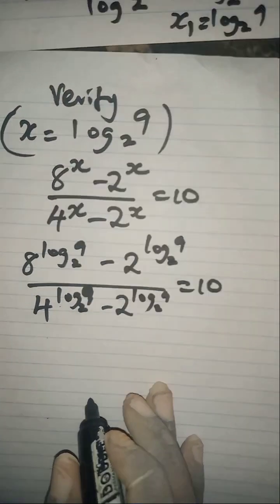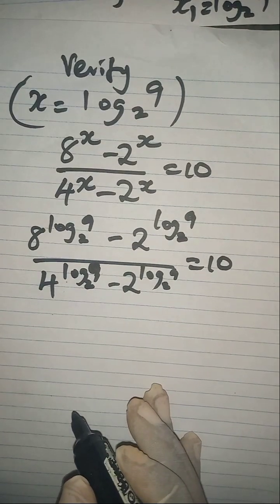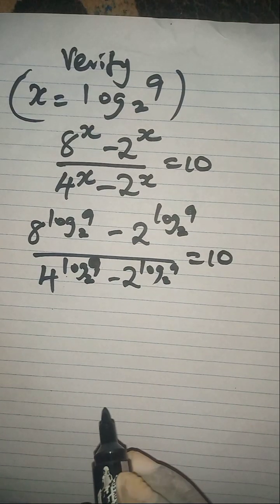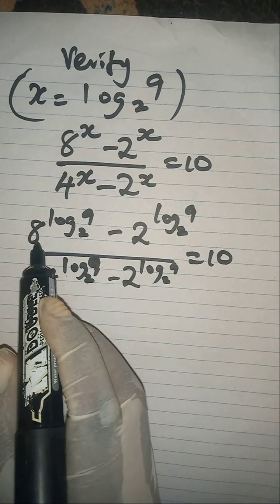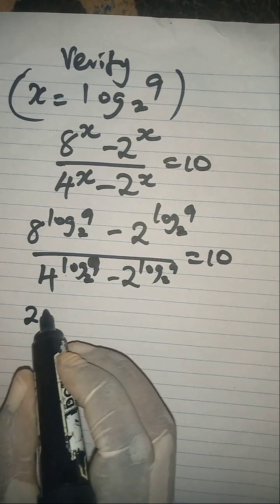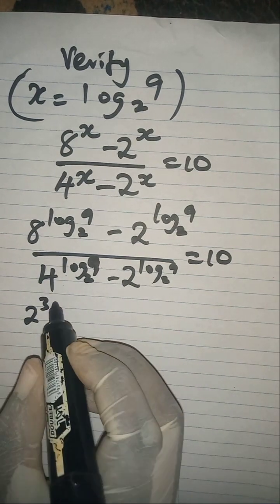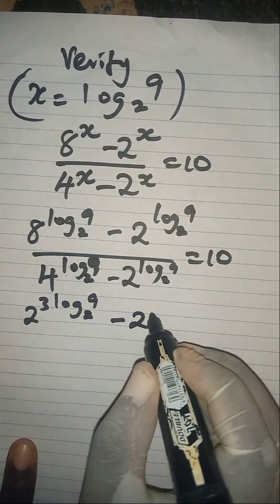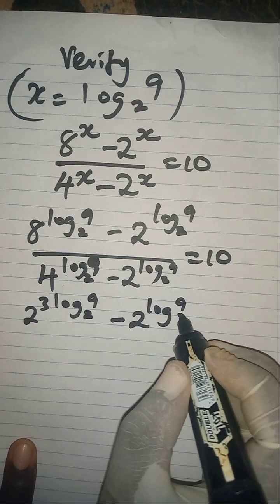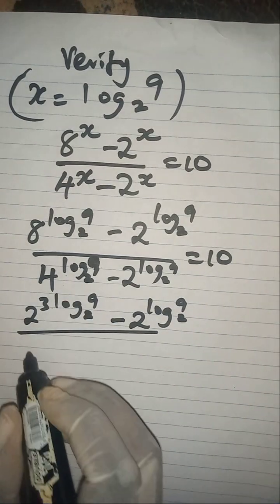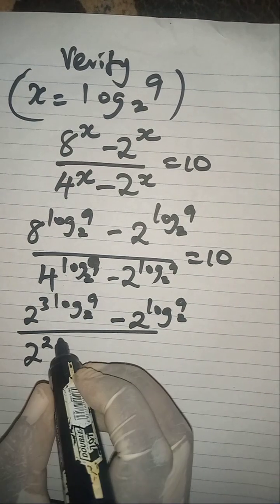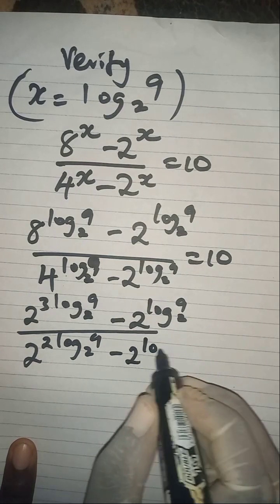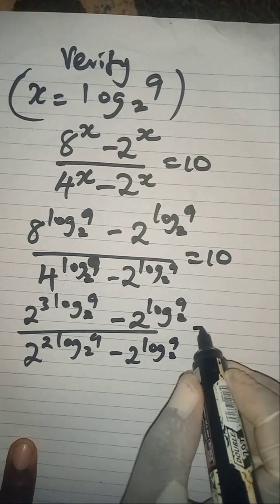So just verifying if indeed the value of x is actually what we've gotten there. So 8 can be written as 2 to the power of 3, to the log of 9 base 2. And this remains like that. 4 can also be written as 2 to the power of 2, of course, to the log of 9 base 2, is equal to 10.